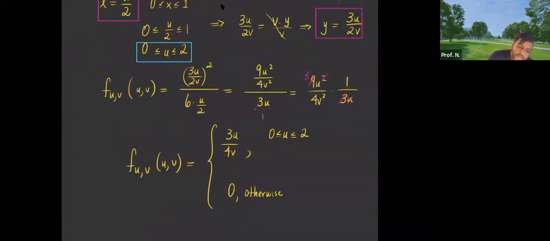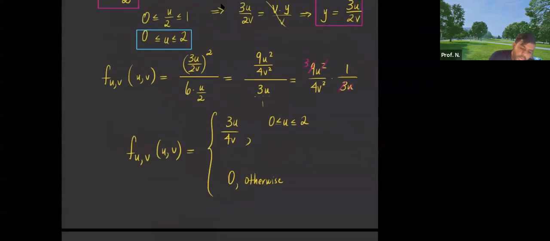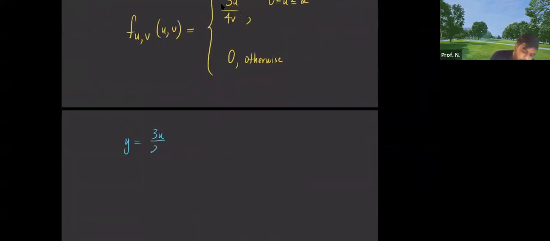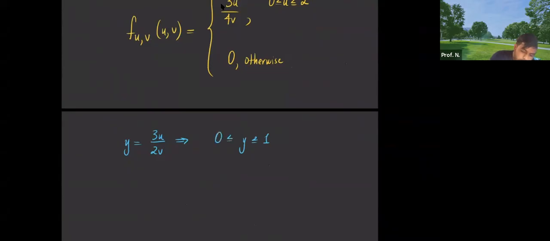Now, how about y? I mean, how about v? So let's look at what v is, or what y is. Y is 3u over 2v, so I should say y is between 0 and 1.